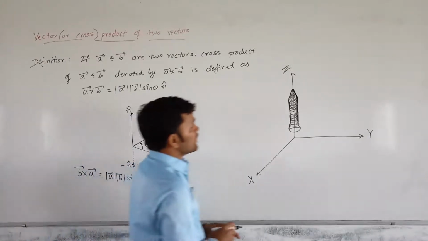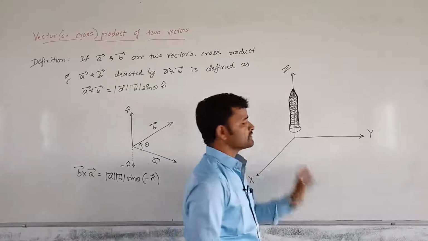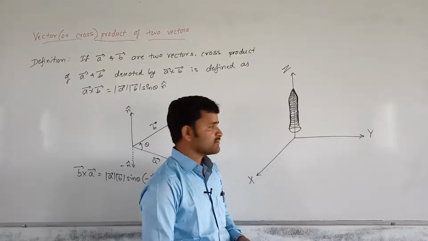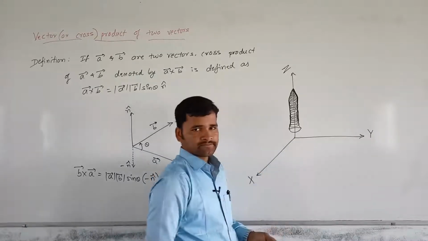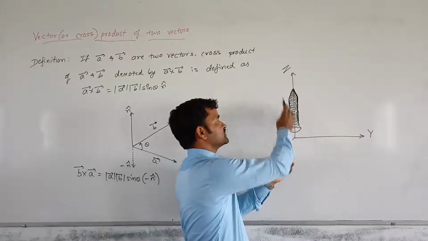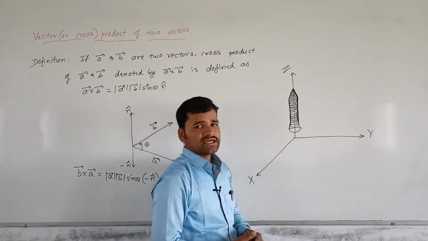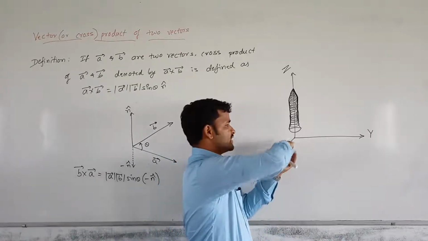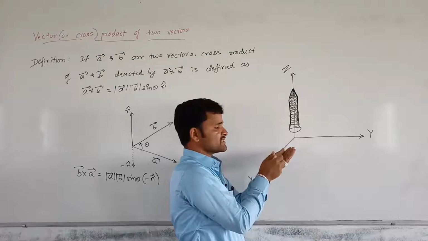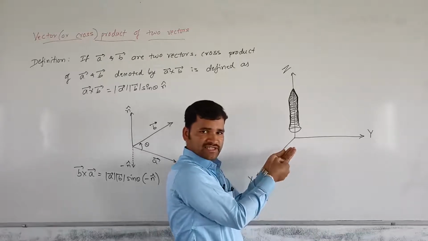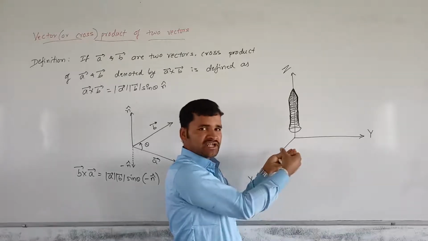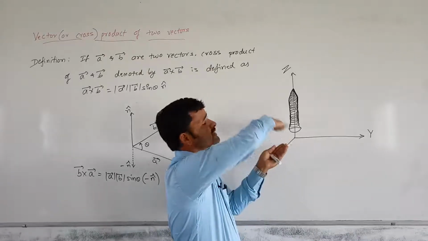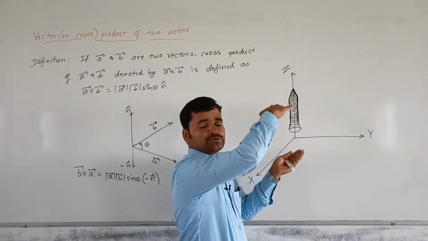See, this is a screw drawn here, with x axis, y axis and z axis in a 3-dimensional plane. Here is the xy plane. In the direction of the z axis, we have drawn a screw diagram. We know that if a screwdriver is working like this on the xy plane, in one direction, then this screw will be moving up.